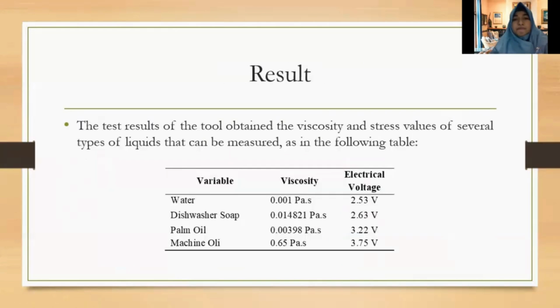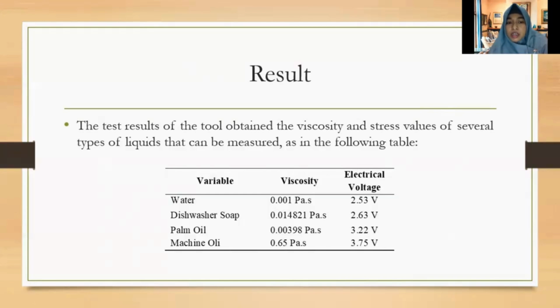Next, we can see the results. The tool obtained the viscosity and stress values of several types of liquid, as in the following table. The variables I use are water, dishwasher soap, palm oil, and machine oil. Water has a viscosity of 0.001 Pascal second and an electric voltage of 2.53 volts.